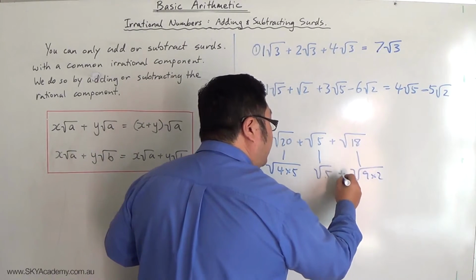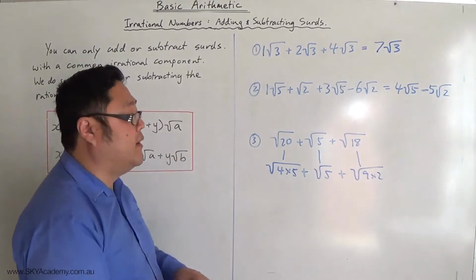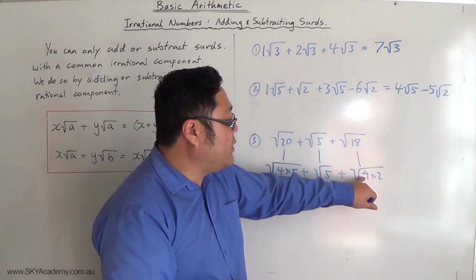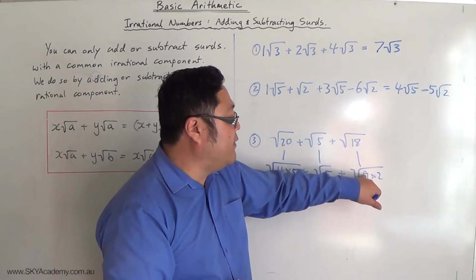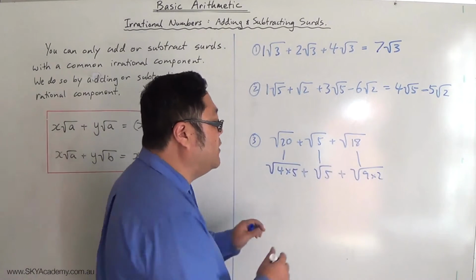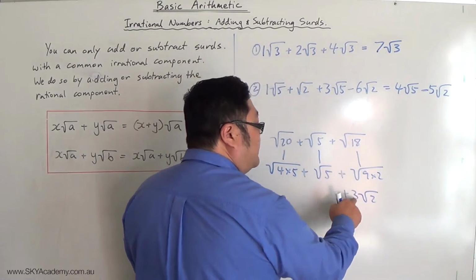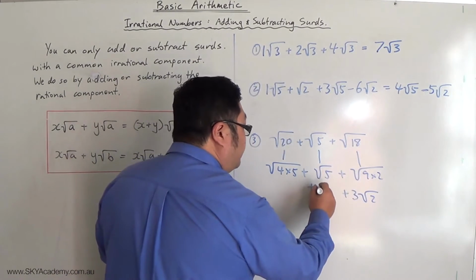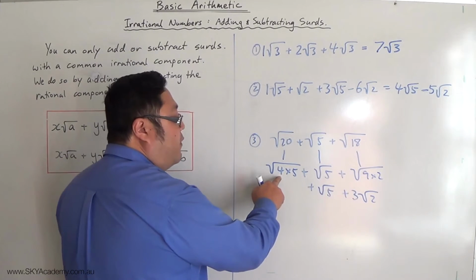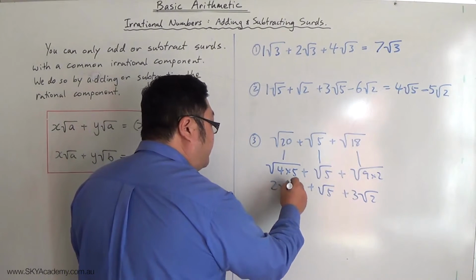Now, you might be able to see where I'm going with this, right? The square root of 9 is 3. So the square root of 18, or the square root of 9 times 2, is going to be equal to 3 root 2, because the square root of 9 is 3. The square root of 5 is just the square root of 5, and the square root of 4 is 2, so this is 2 root 5.